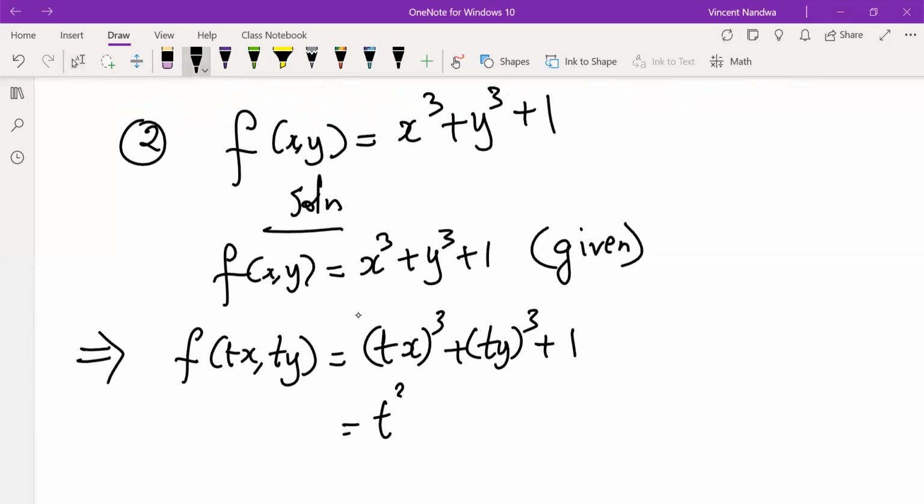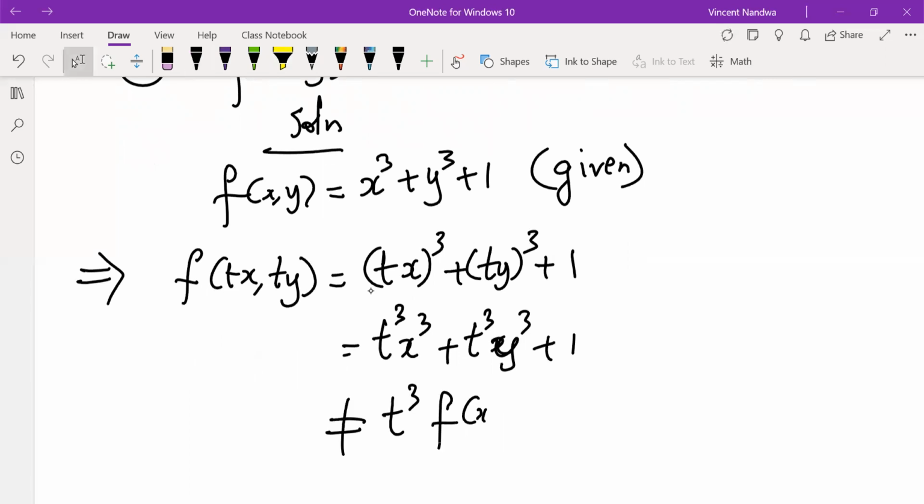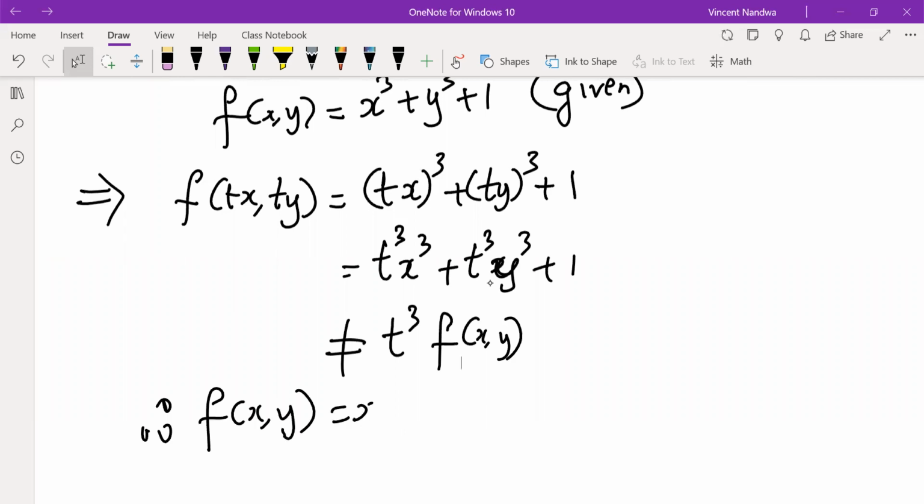This gives t power 3 x power 3 plus t power 3 y power 3 plus 1. But this cannot be written in the form t power 3 of f of xy. So therefore, f of xy given by x power 3 plus y power 3 plus 1 is not homogeneous.